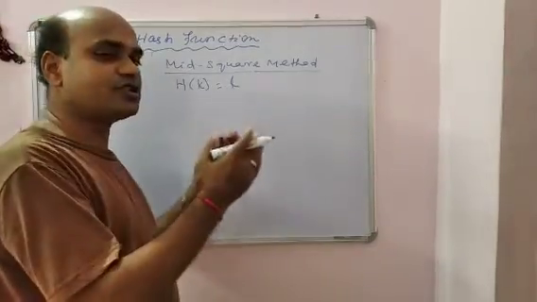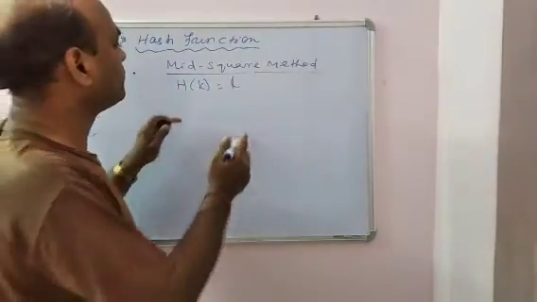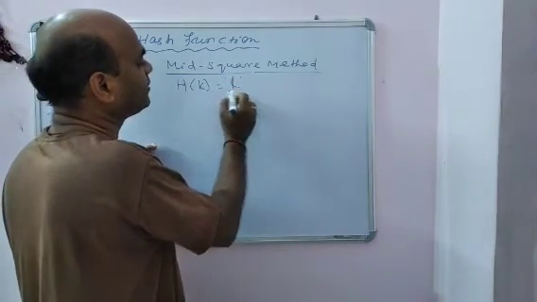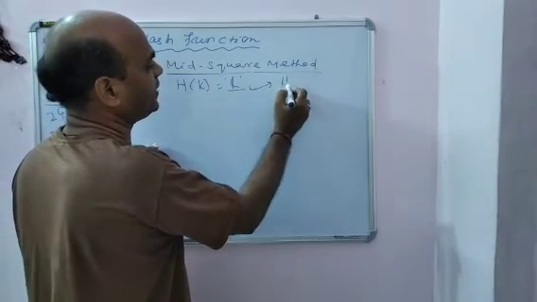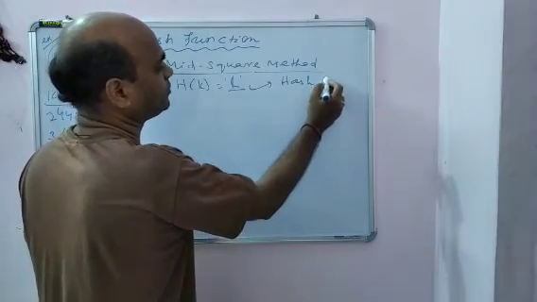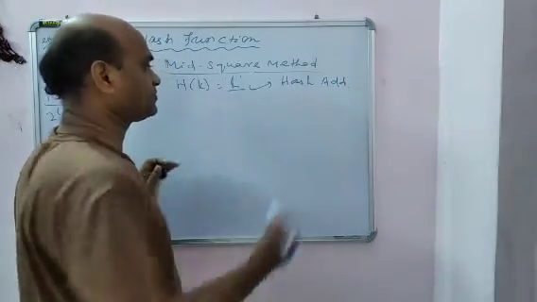So by eliminating digits from the square of this number, we can accept l, that is the hash address or memory address.